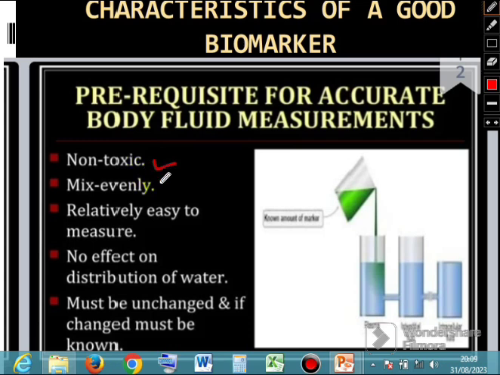Number B, it must mix evenly in the fluid compartment. Number C, it should be easily measured. Number D, it should have no effect on the distribution of water.